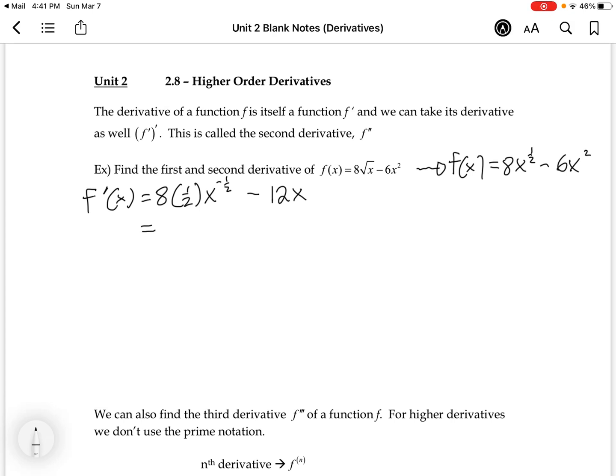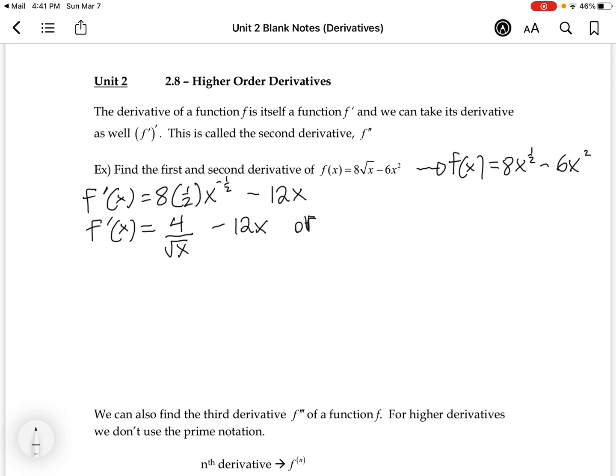Then I am going to simplify the first term. 8 times 1/2 is 4. And then this negative exponent would come into the denominator, and that would be a square root of x in the denominator, minus 12x. Or if you wanted to, you could write it as 4 over x to the 1/2. That would be fine as well. So f prime of x is equal to 4 over root x minus 12x. Thinking ahead, I probably should have done that because we're going to take the second derivative.